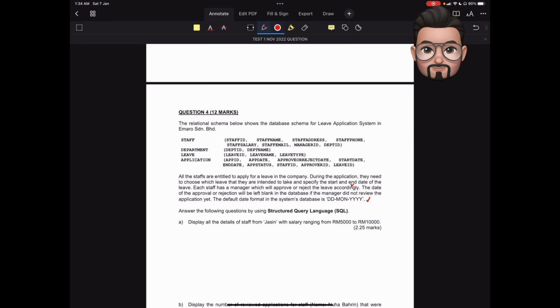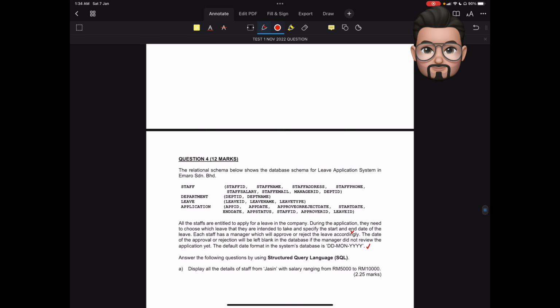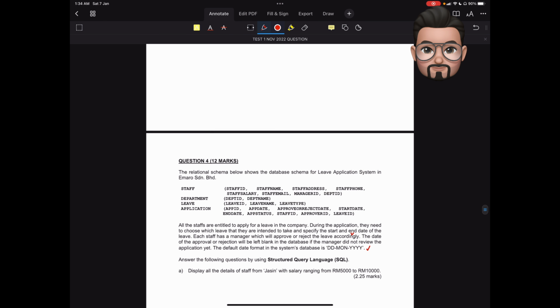So if we take a look over here, when you have an ERD question, please draft the ERD so that you will know which table can be joined with which table. Staff has manager ID and department ID. Manager ID is a staff also.